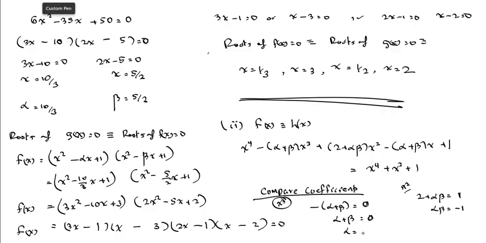So alpha equals minus beta. Let's say beta equals minus alpha. Alpha times minus alpha equals minus 1, so minus alpha squared equals minus 1, alpha squared equals 1.